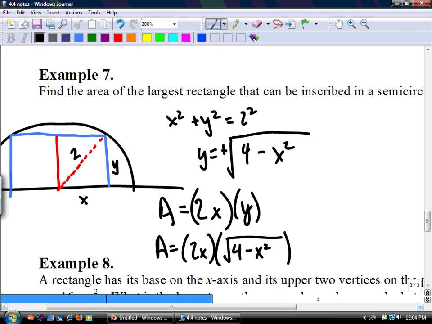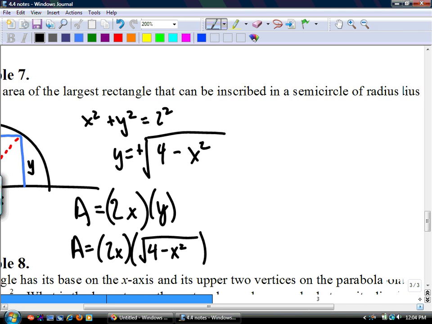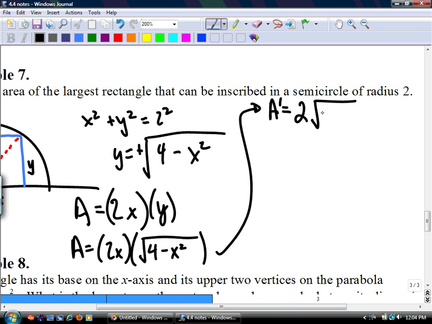How are you going to find the maximum area? Derivative. Product rule. Derivative of the first, 2, times the second, root of 4 minus x squared, plus the derivative of the second.